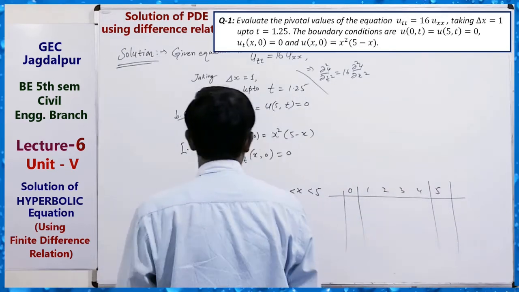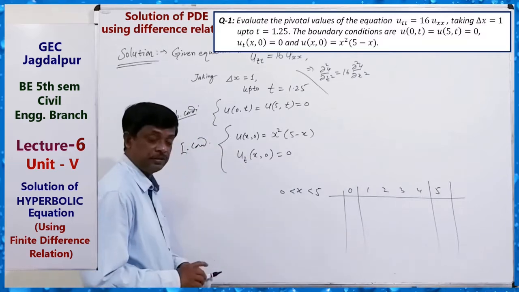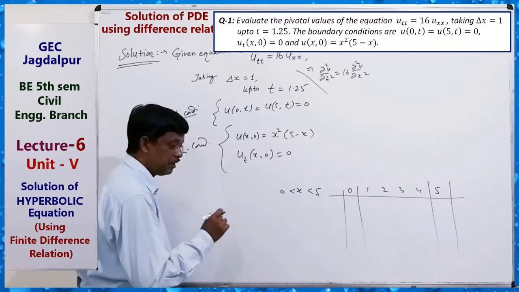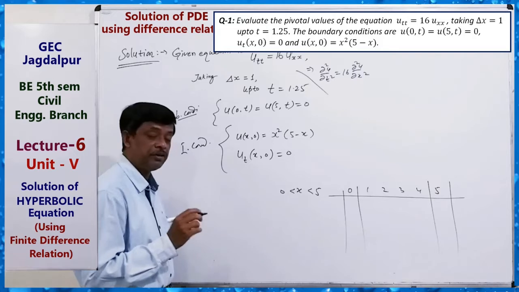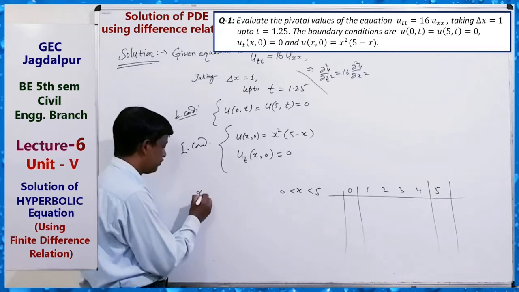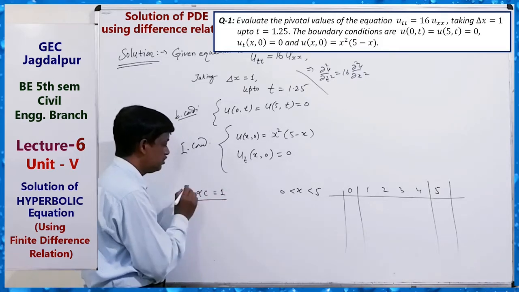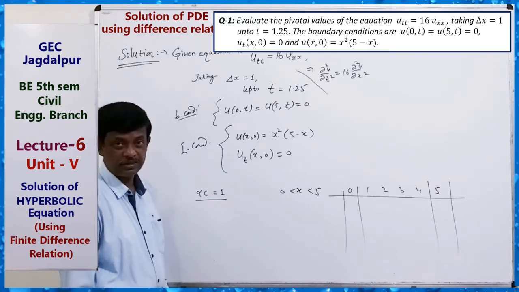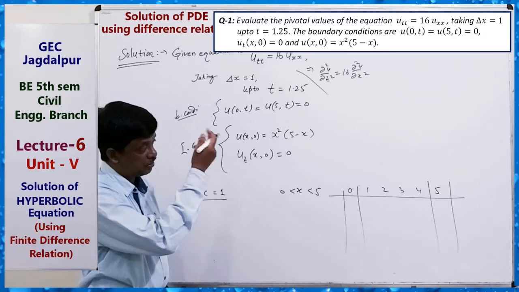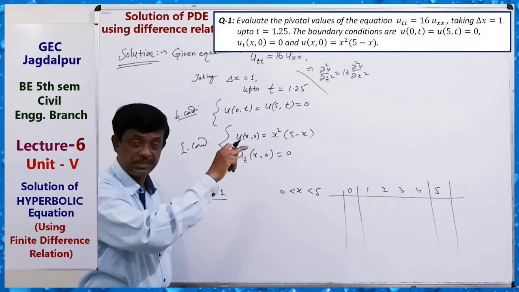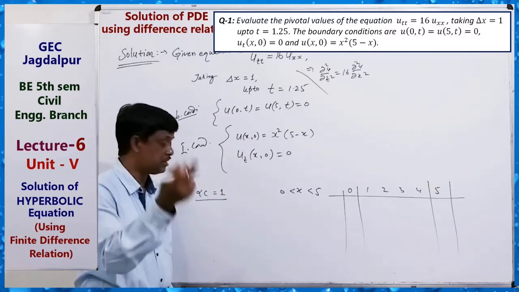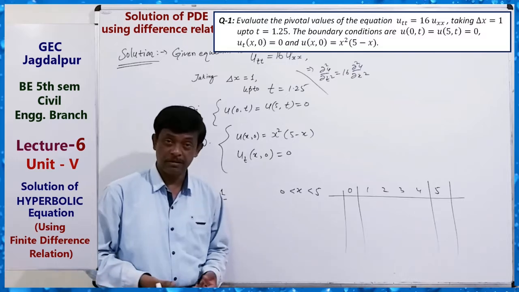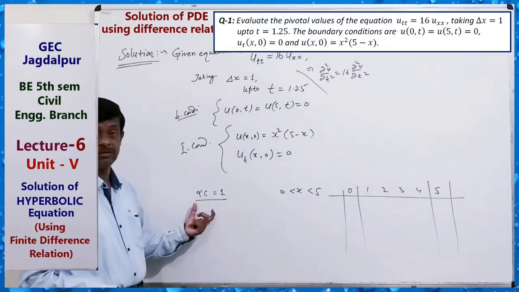For using the explicit formula, alpha c equals 1, for converting the equation from implicit form to explicit form. That is alpha c equals 1, alpha equals 1 by c, and we get a stable and accurate solution.